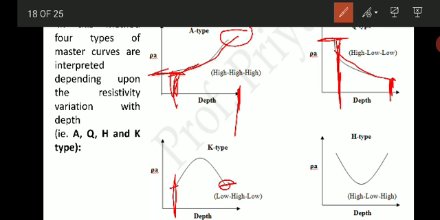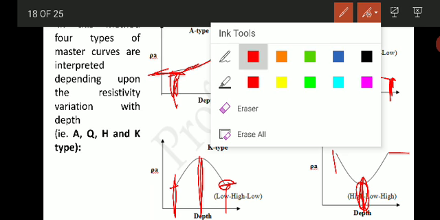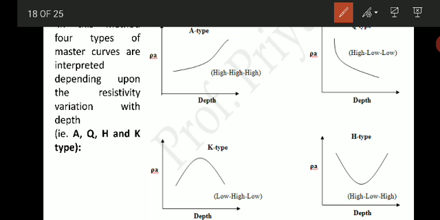Here there is water at this depth, and at this depth there is less water or no water present. Same way here there is water at this depth, and here there is less or no availability of water. So this is how the curves help us to interpret the given results.